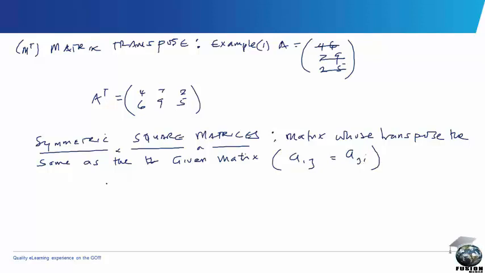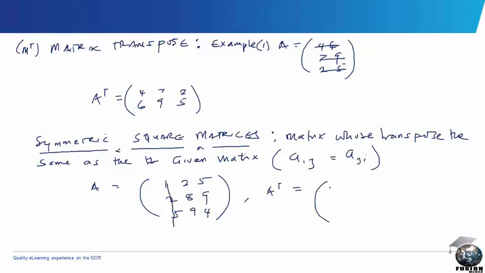For instance, we have a matrix A. We have this matrix 1, 2, 5, 2, 8, 9, and 5, 9, 4. So let's try to transpose this matrix. A transpose will be equal to, taking this as the row, 1, 2, 5.